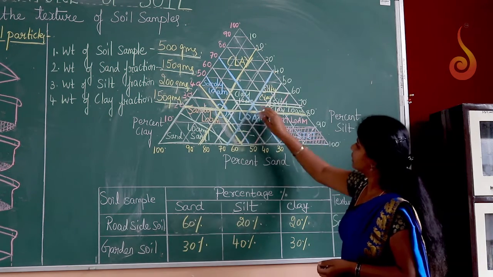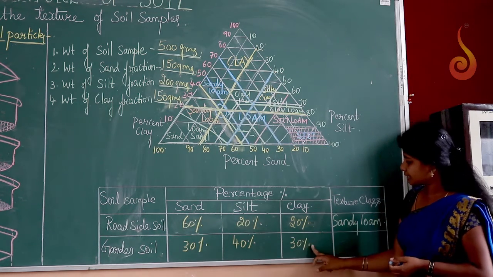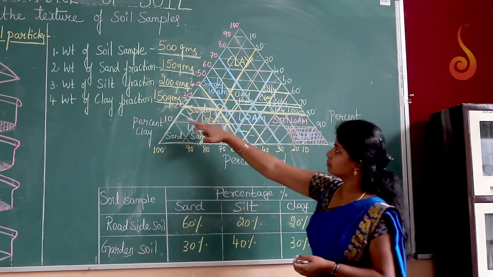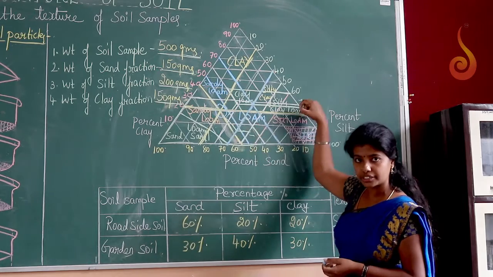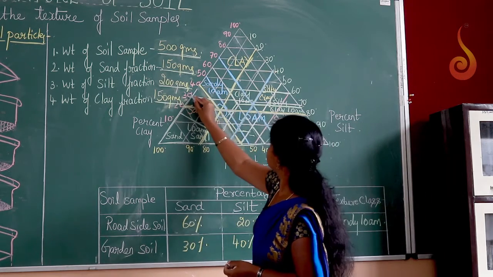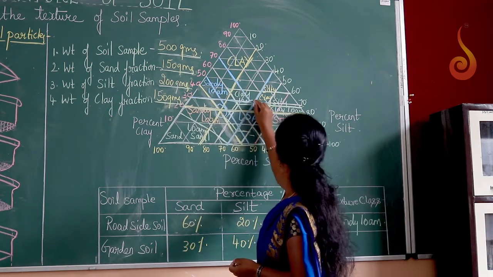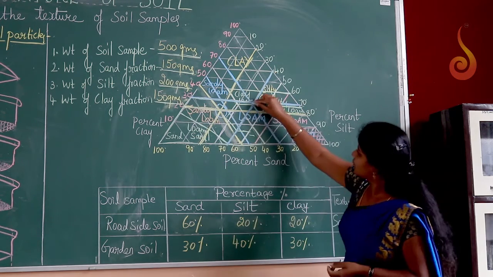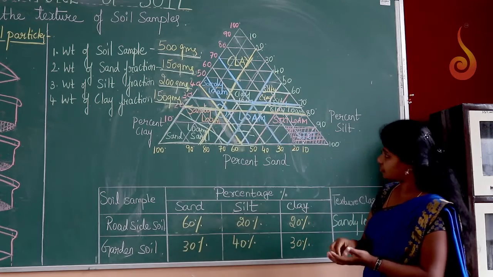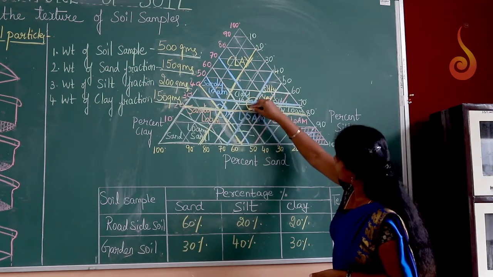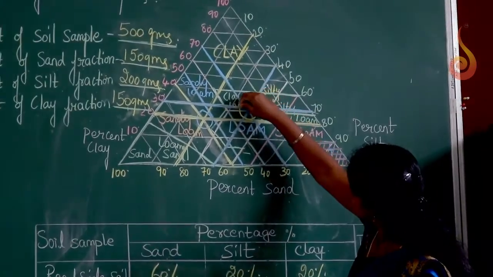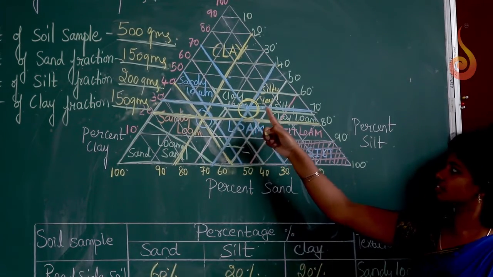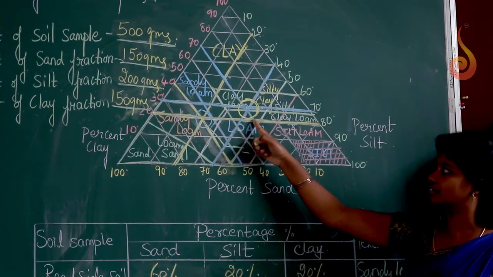So here is a point of intersection. Then coming to the percent of clay, which is 30%. While we are reading the percent of clay, we have to draw a horizontal line, that is 30%. So here is the point of intersection where all the three lines are meeting.